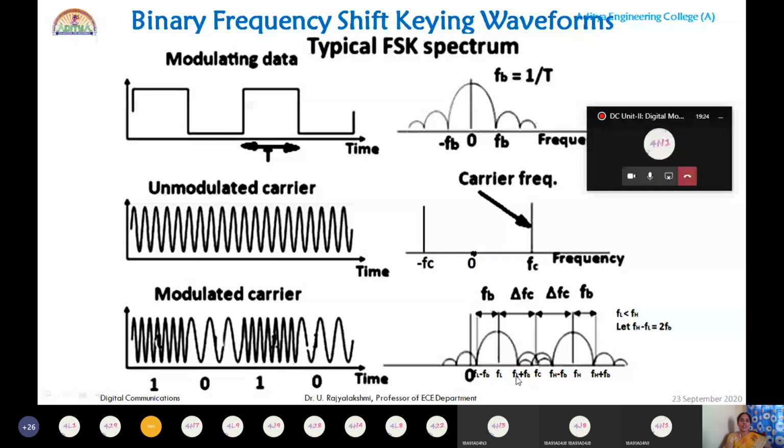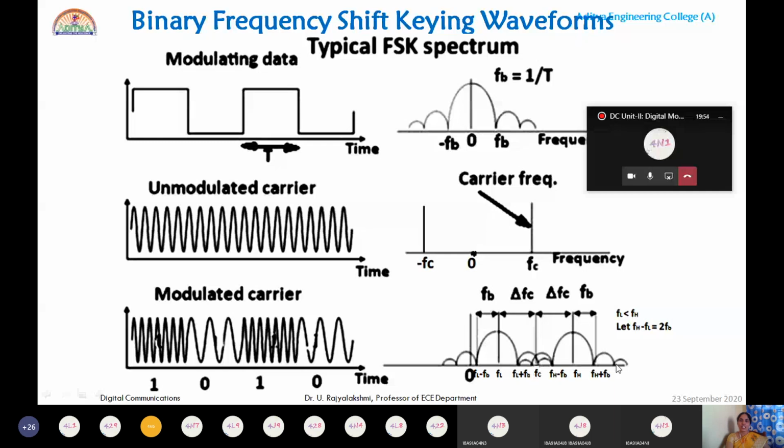So finally you got the whole spectrum of the FSK signal consisting of lower frequency FL, which is less than FC, and higher frequency FH, which is greater than FC. FH will have two sidebands, FH minus FB to FH plus FB. Similarly, FL will also have two sidebands, FL minus FB to FL plus FB.